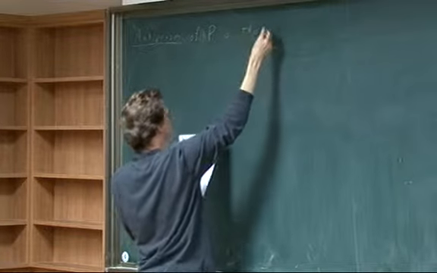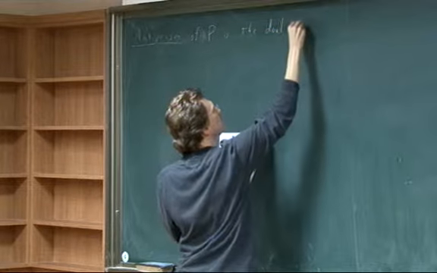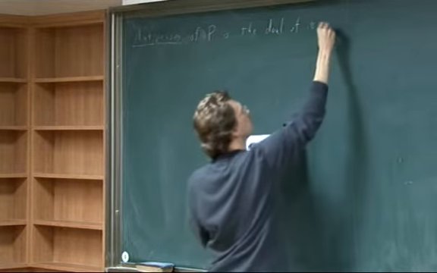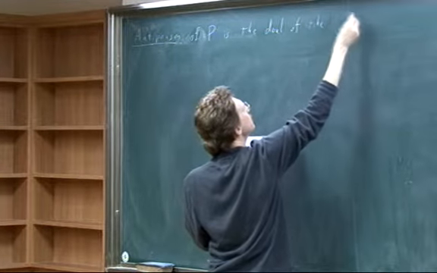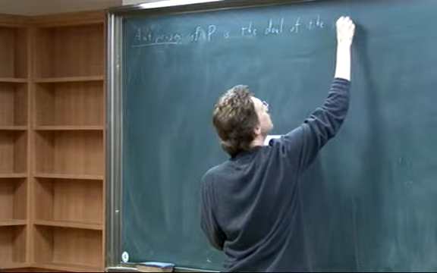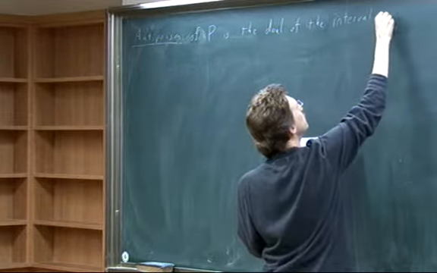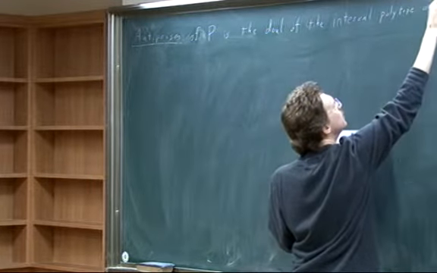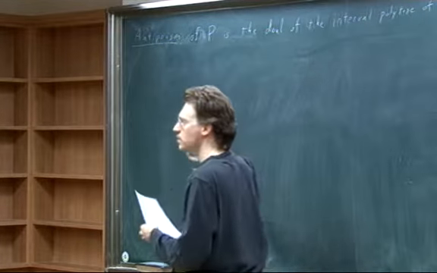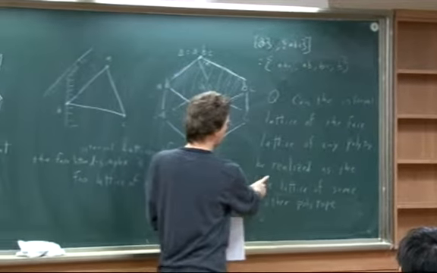It is the dual of its interval polytope of, say, the interval polytope of P. I didn't say interval polytope. So if this is realizable, if the answer to the question is yes, then I call this the interval polytope.